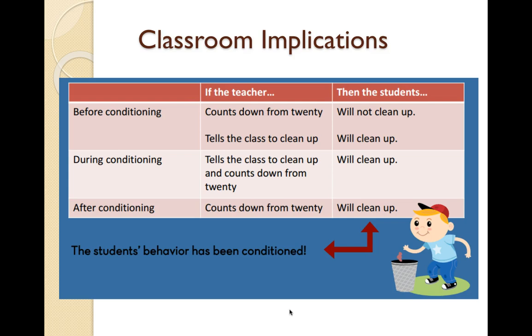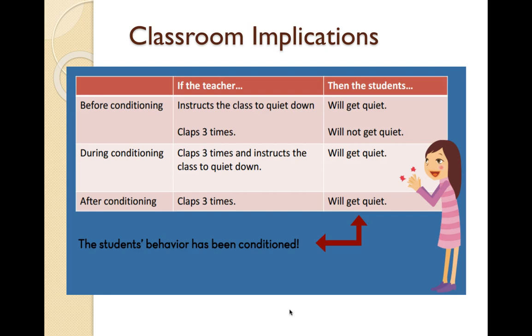So just think about those things, signals and nonchalant behaviors that you can use to make your students perform in a certain way. Again, my example: if you want the students to quiet down and you tell them to quiet down, they'll probably quiet down.